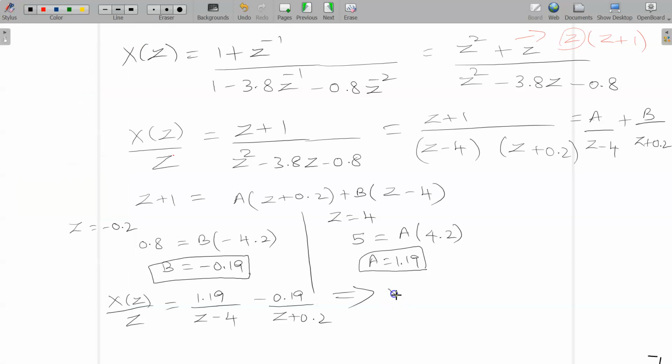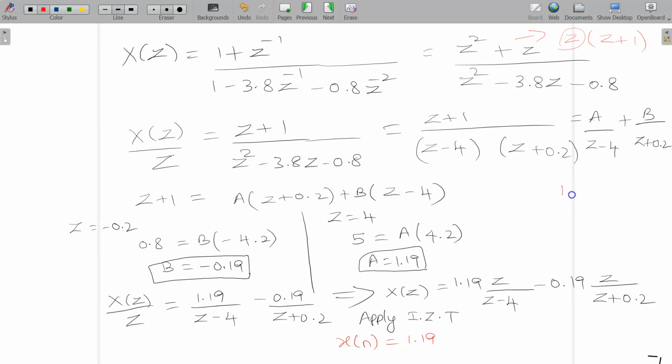Now take z to the right hand side. X of z is equal to 1.19 z divided by (z minus 4) minus 0.19 z by (z plus 0.2). Now apply the inverse z transform. For x of z you will get x of n, where 1.19 remains as it is.